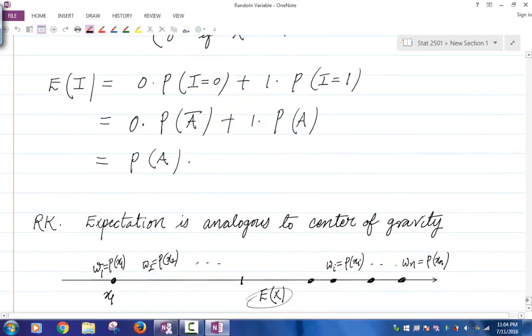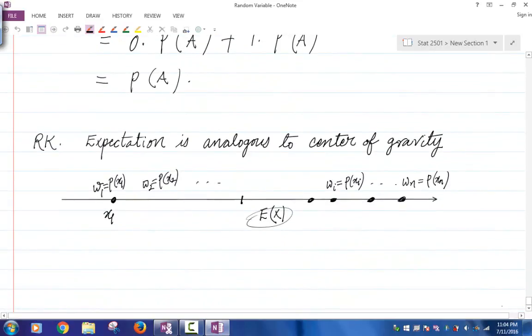The last example that I want to make a remark on is the following. Remember that if x is a discrete random variable, then the values of x can be viewed as a list. So on the number line, imagine that you have the list of values of x.